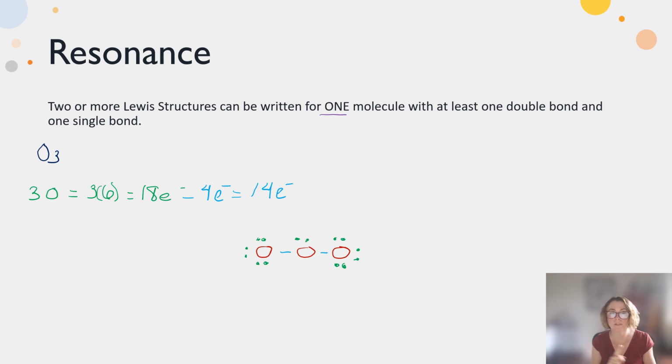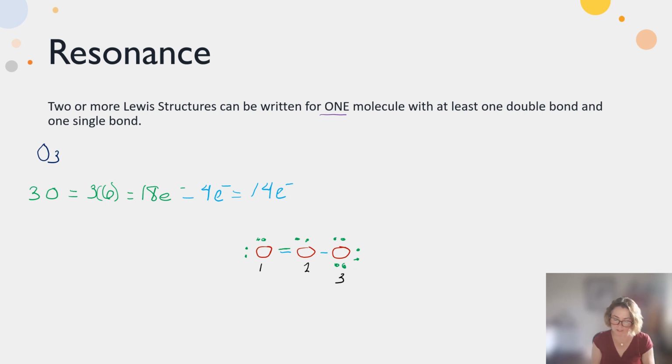So remember what we did with the carbon dioxide. I am going to take a pair of electrons and move them to make a double bond. Now, if I do that, oxygen number 1 here has a full octet. Oxygen number 2 also has a full octet, and oxygen number 3 also has a full octet.